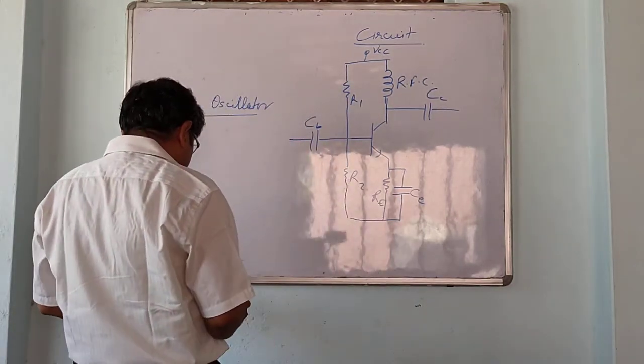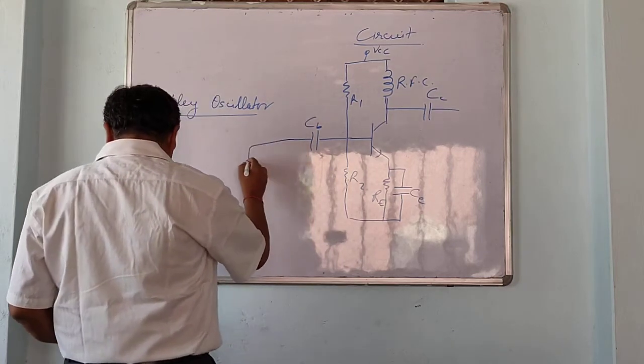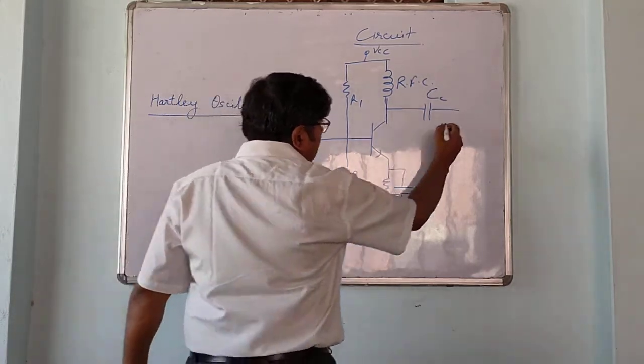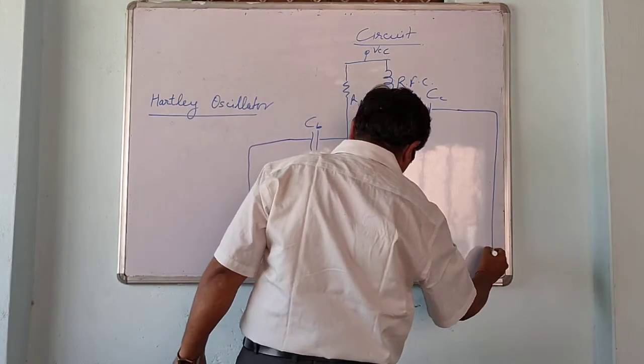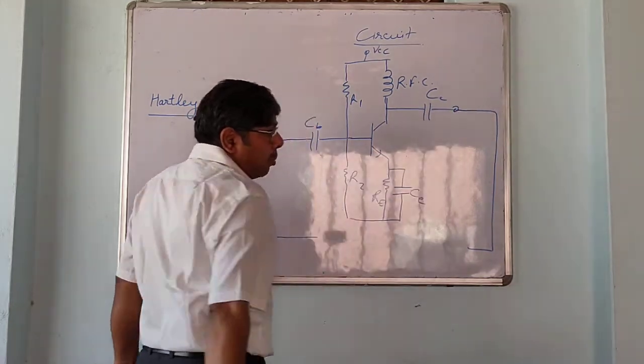And the feedback network is joined between input and output. This is the input and this is the output.